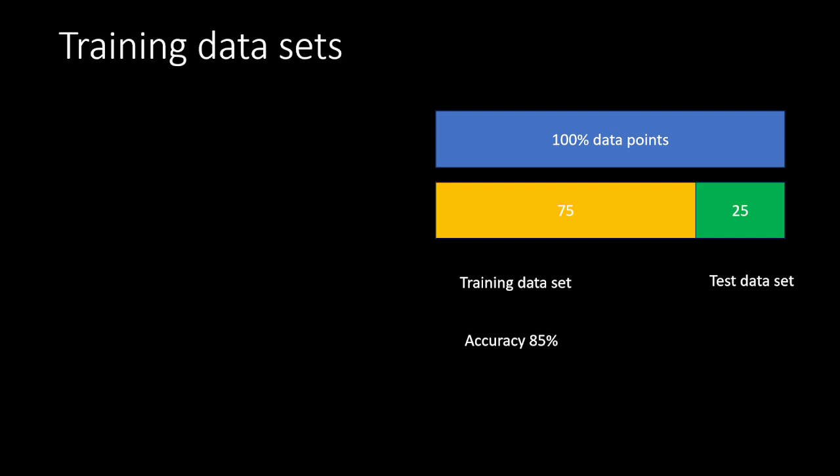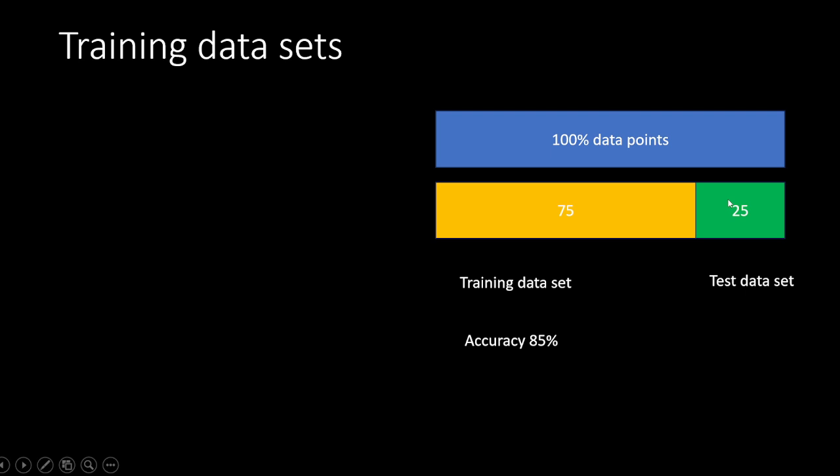First, let us consider that we have data which is 100 percent. Out of this 100 percent, you can input 75 or 70 percent to learn. The machine will start learning with 70 percent, and after that you can test the machine with the other 25 percent.